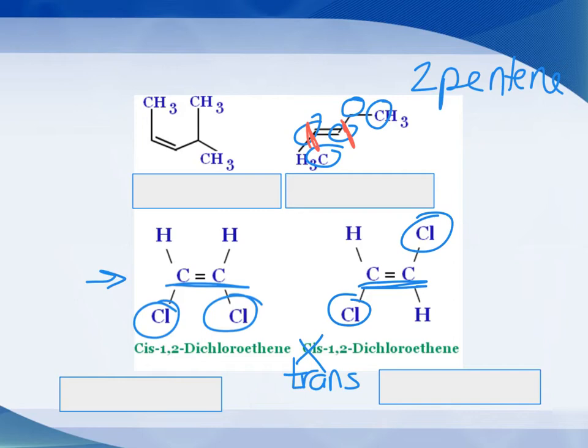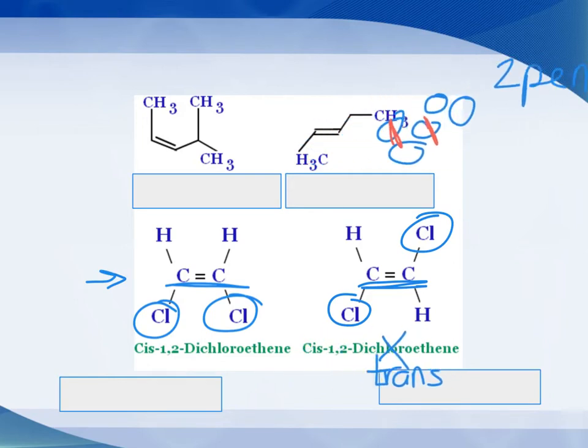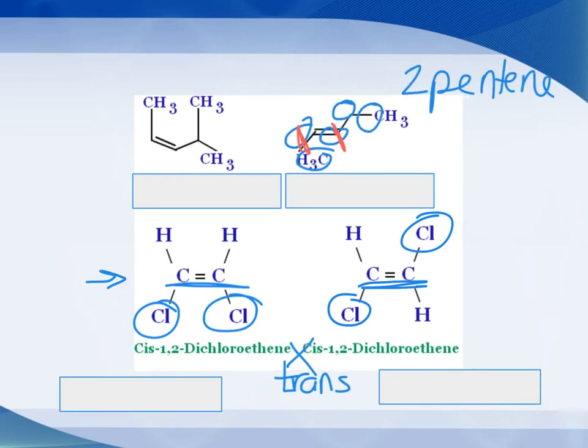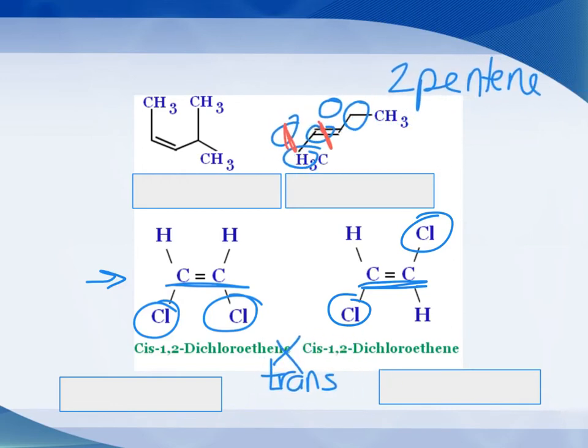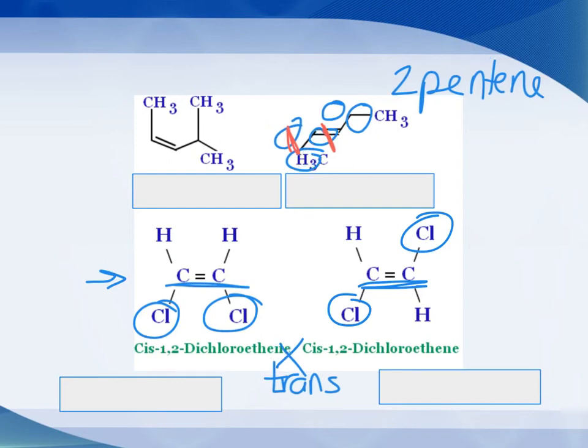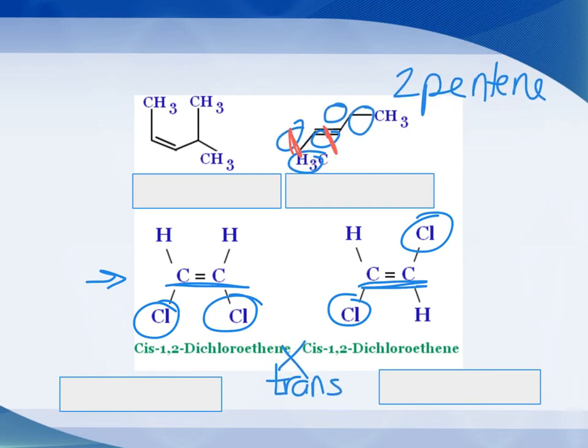In this case, they're opposite, so I'm guessing this is going to be a trans-2-pentene. Goodness, I'm moving all the wrong things. Hold on. And because I've now written over top of my boxes, I can't move my box, but this is a trans-2-pentene.